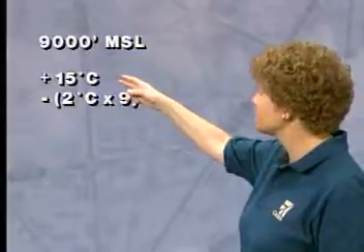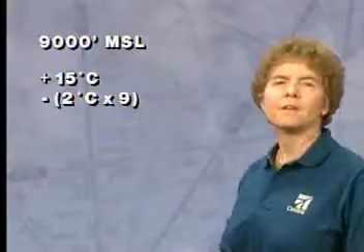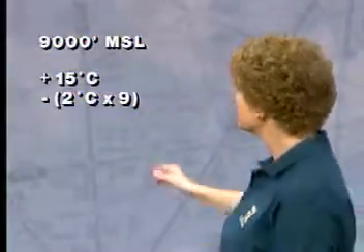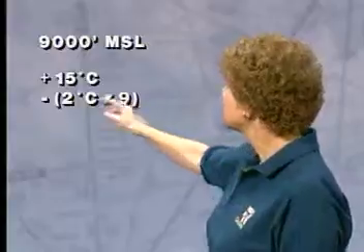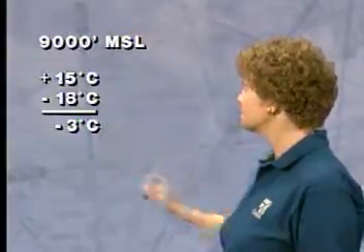You simply start with a sea level standard temperature of plus 15 degrees C and subtract 2 degrees C for each 1,000 feet of altitude that you are above sea level. In this case, you're 9,000 feet above sea level, so 2 degrees C times 9 is 18 degrees C that you'll subtract. And this will give you a standard temperature at 9,000 feet MSL of minus 3 degrees C.